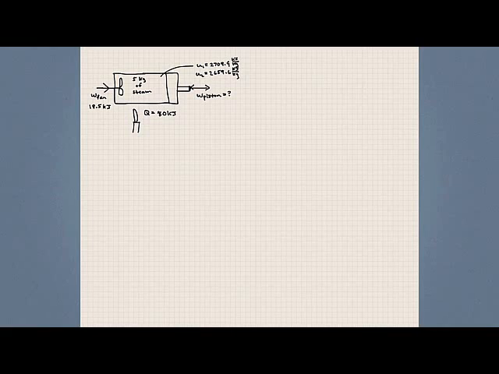So let's look at this. Let's apply the first law of thermodynamics in two ways. The first way that we can apply it is by looking at a system, or the change in energy of a system.